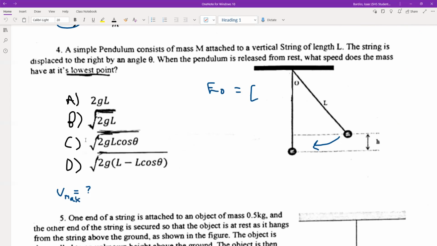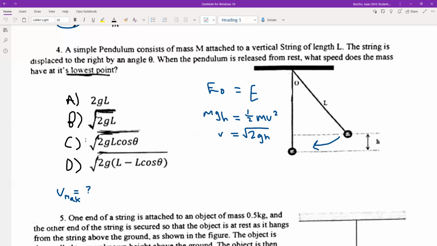At the top of the pendulum, we have potential energy, and we would change that to mgh as our equation. And then final energy is kinetic since there is a velocity. So that's 1/2 mv squared. Rearranging it in terms of v, we would get v equals the square root of 2gh. The m's would cancel out.